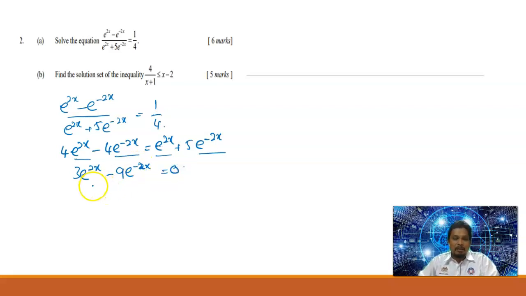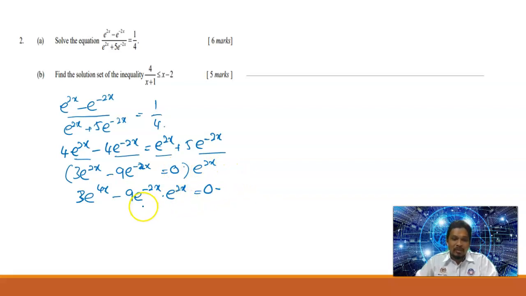Now let's say I multiply everything here with e power of 2x. So 3 e power of 2x multiplied with e power of 2x is 3 e power of 4x, minus 9 e power of negative 2x times e power of 2x, equal to 0. Multiplying 0, for sure it's going to give you 0.